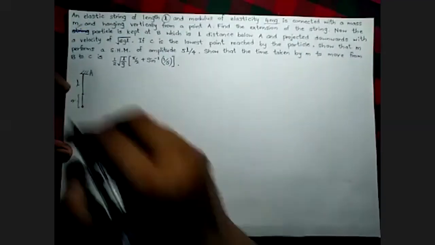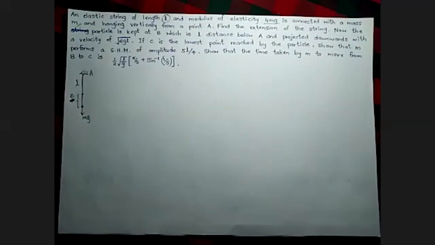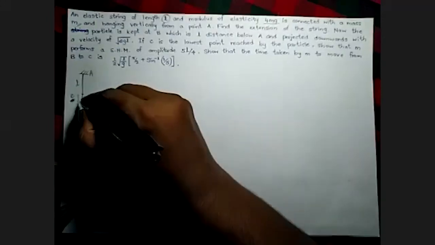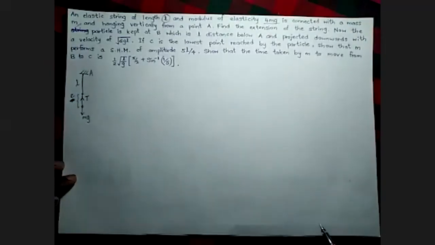Let me label that as e, not x. Extension is e. So the mass we have connected is m. Then weight becomes mg. Then the opposing force, resistive force, is tension. Lambda, modulus of elasticity, is given as 4mg.